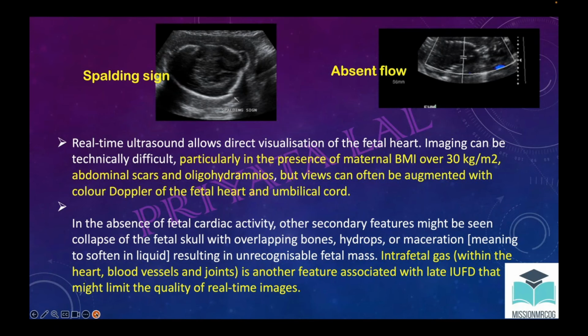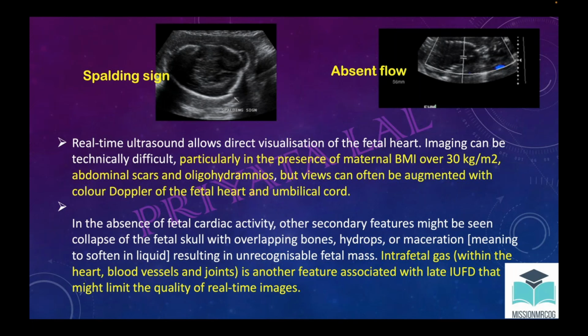Okay. Apart from this, if the IUFD has become late, then other secondary features can also come. That would include overlapping of bones. So this is the overlapping of bone that you can see. So this is the Spalding sign. There could be hydrops, maceration, and it becomes unrecognizable fetal mass if the long-term IUFD is there.